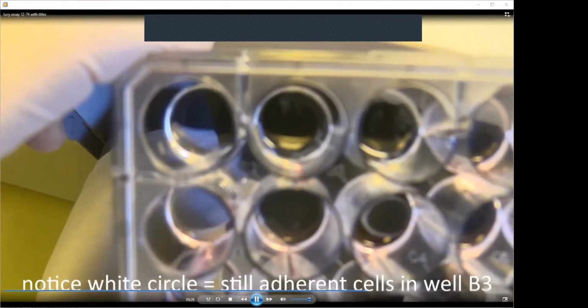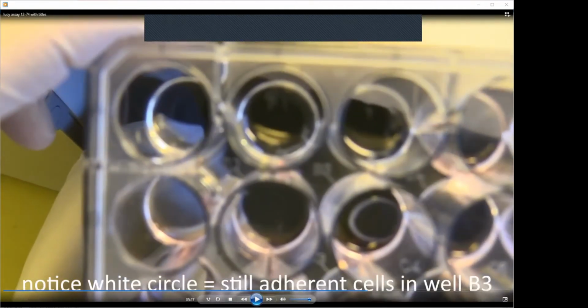And if you watch carefully, you will see that not all detached at this moment, because we have this white circle visible in this well B3, these are cells which are still attached. Here are cells which are not detached, so there are no cells actually, just this one. But in all other samples, it's already floating in the lysis buffer.